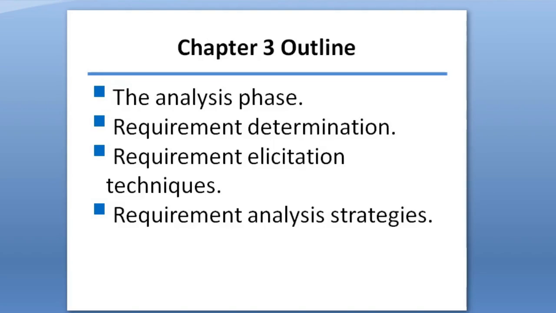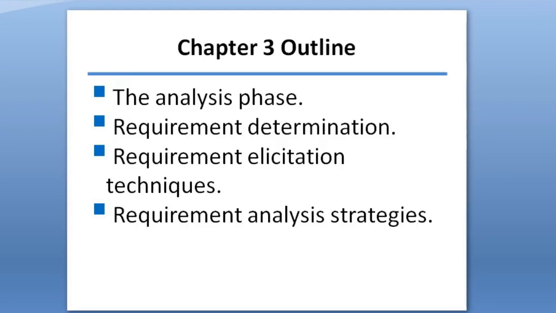Now when we have to do analysis, we should have the following steps or processes. We need to know about the current system. If there was an existing system being used, we need to understand what the problem of that system is and what should be improved.